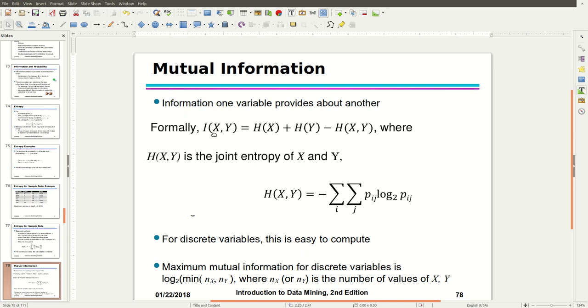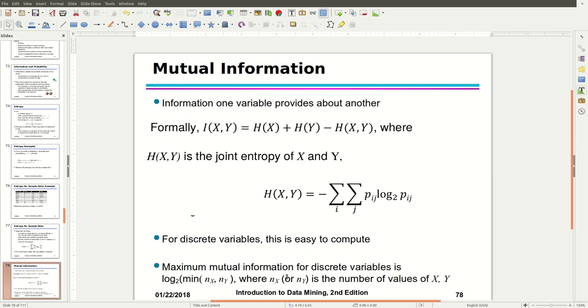In that case, our formula becomes, if we have two variables x and y, we will get the entropy of x, we'll get the entropy of y, and we will subtract the joint entropy of xy, and the joint entropy is given with this formula. For discrete variables, this is not difficult to compute, but for continuous it can be a bit complicated.